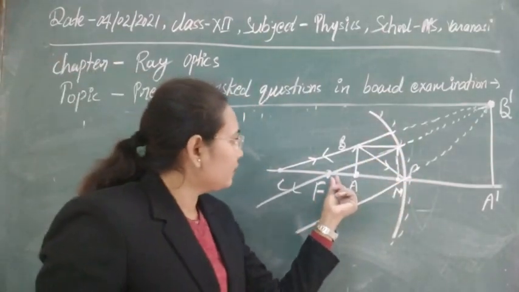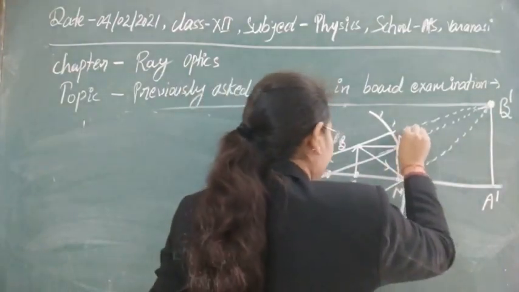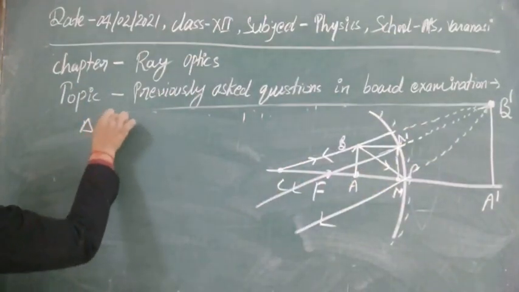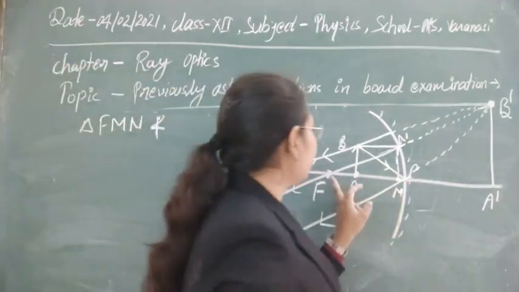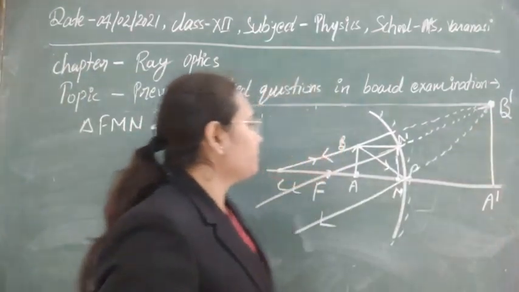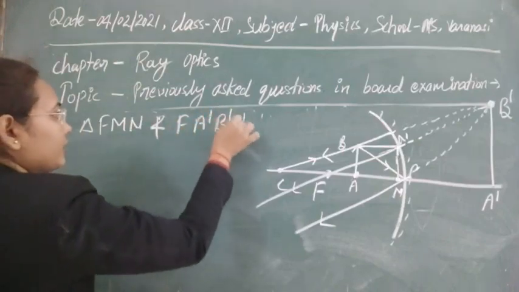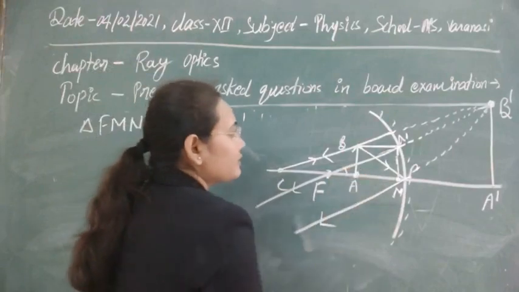That is triangle F, suppose this is MN here, FMN. So this triangle FMN, and the second triangle that we will see is FA dash B dash. In these two triangles this angle is common.